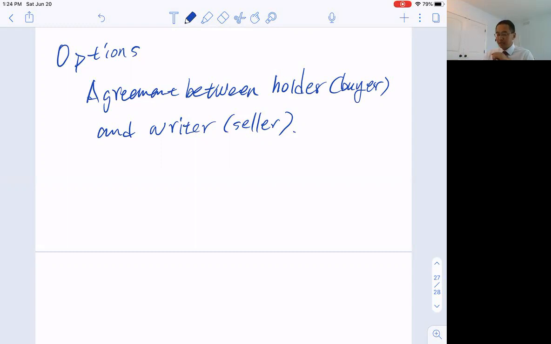What I mean by that is, let's say I'm the holder of a contract and you work for Bank of America, and so you're the writer. We come to an option agreement where we say, I, Martin Ma, reserve the right to buy 2 million pounds from you within the next 6 months at this exchange rate.